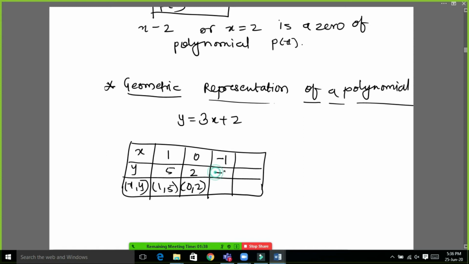So minus 1 comma minus 1 is another point, and the last value of x is 2, suppose. So 3 into 2 is 6, 6 plus 2, 8. So y value is 8, 2 comma 8 is another point. So in this way we calculate 4 points.